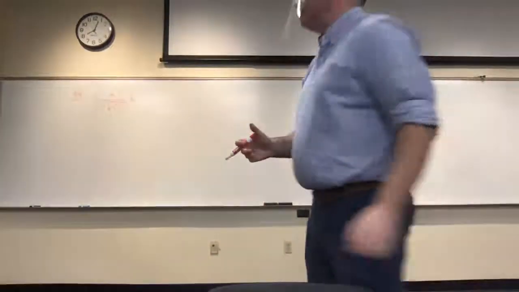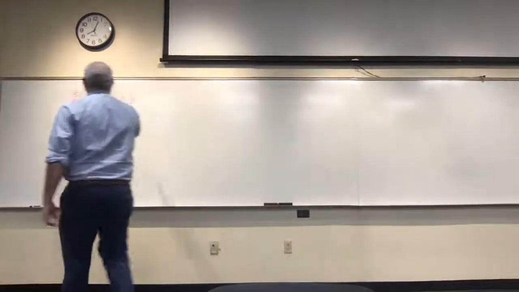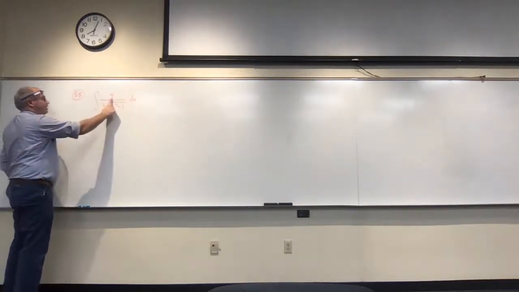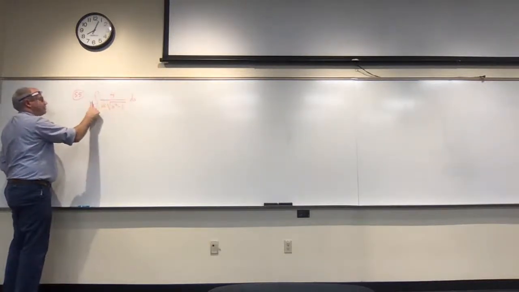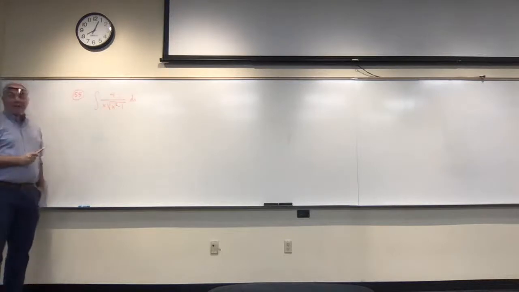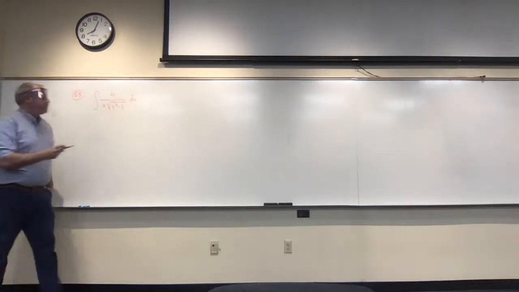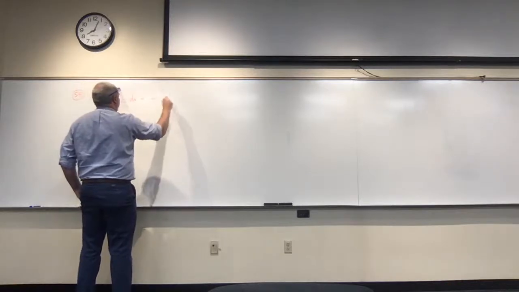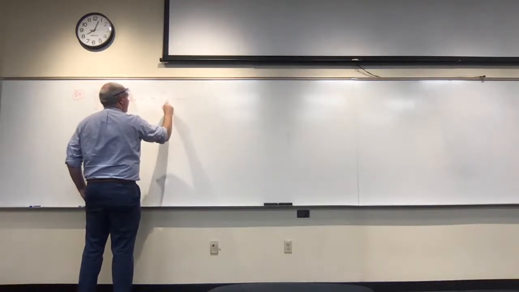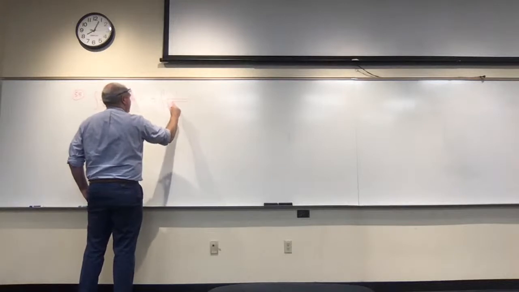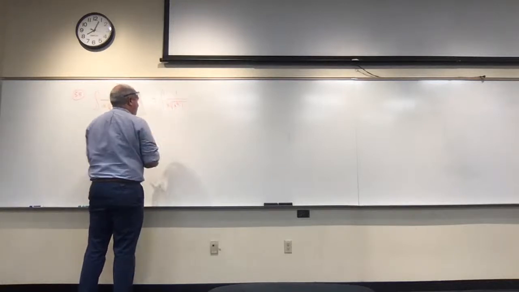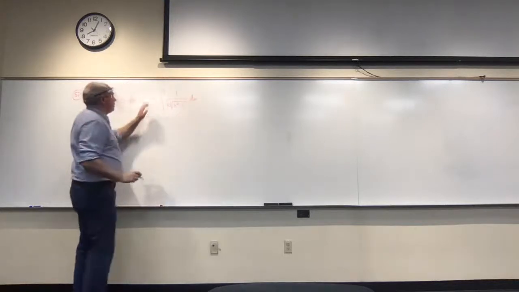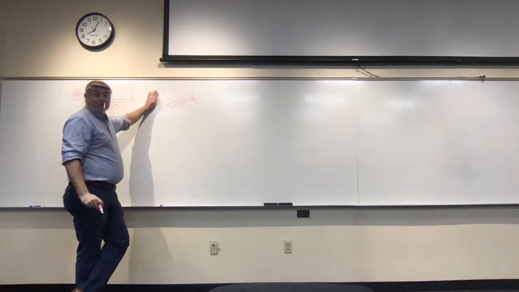So first of all, we have this 4 on top, and that 4 can move outside of that integral. So I could write it this way: 4 times the integral of 1 over x square root x squared minus 1 dx.